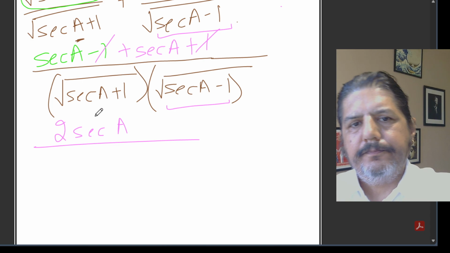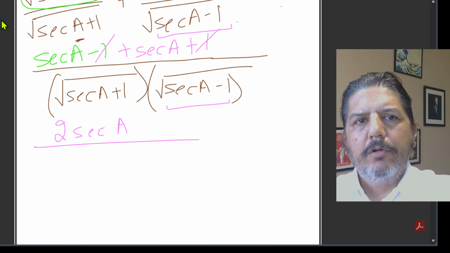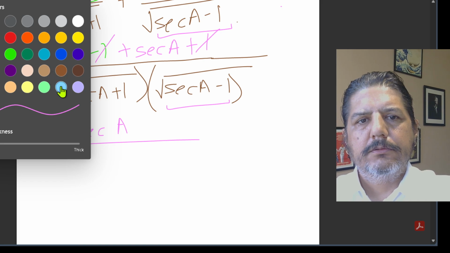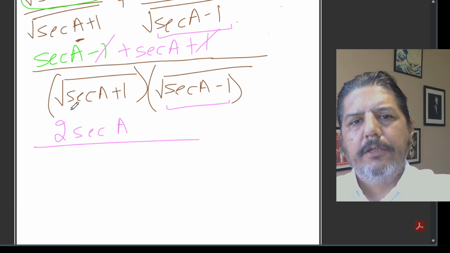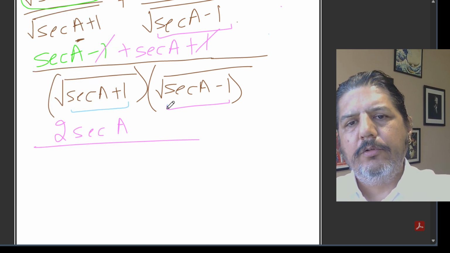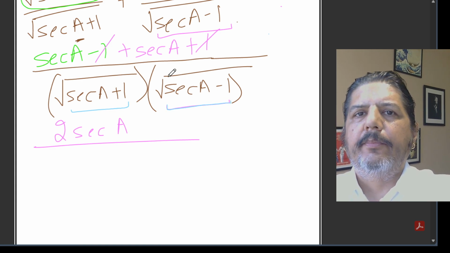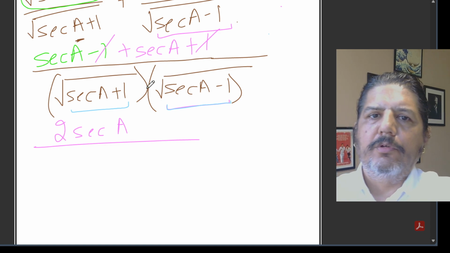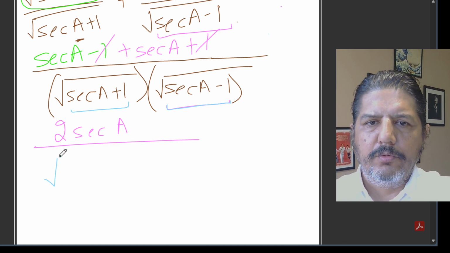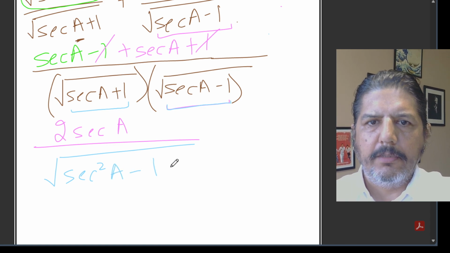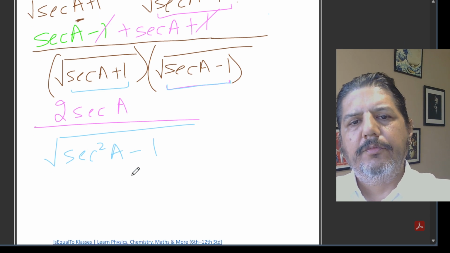If you look closely, this is a plus b into a minus b. A plus b into a minus b is a square minus b square. The root will remain, will be equal to secant square a minus 1. Hope this is making sense.